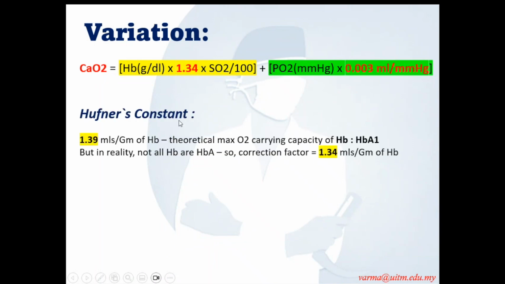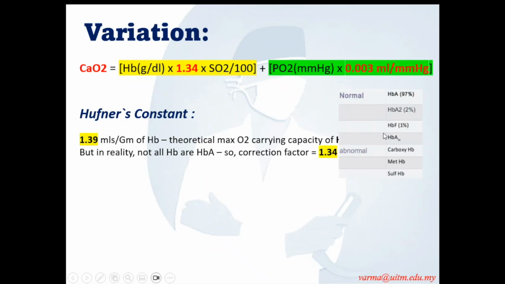So first we talk about Hüfner's constant. Most books mention 1.34, but in some books you may see 1.39. So why is this 1.39? The theoretical maximum oxygen carrying capacity of hemoglobin is 1.39 mL. I mean, for a perfect hemoglobin, which in adults is HbA1. If all our blood contained only HbA1, then we could take this as 1.39.